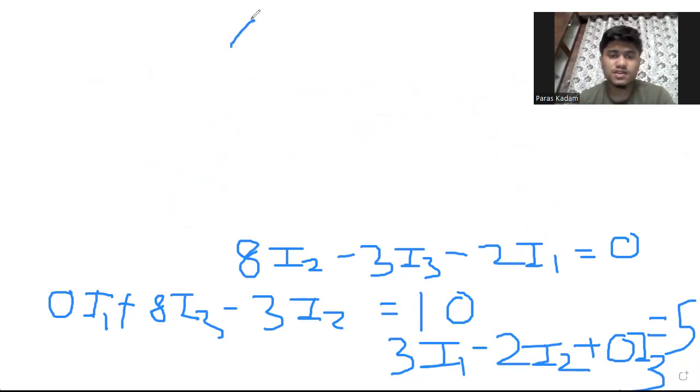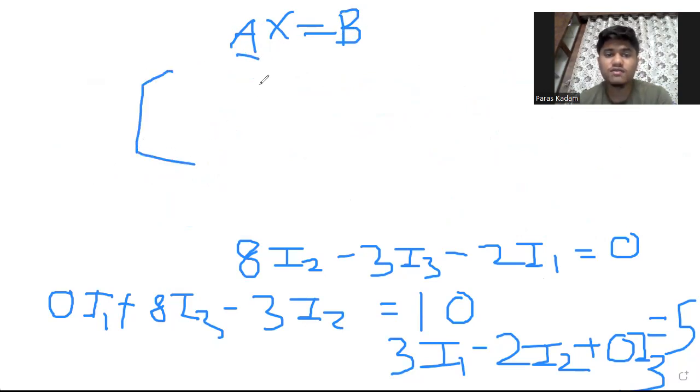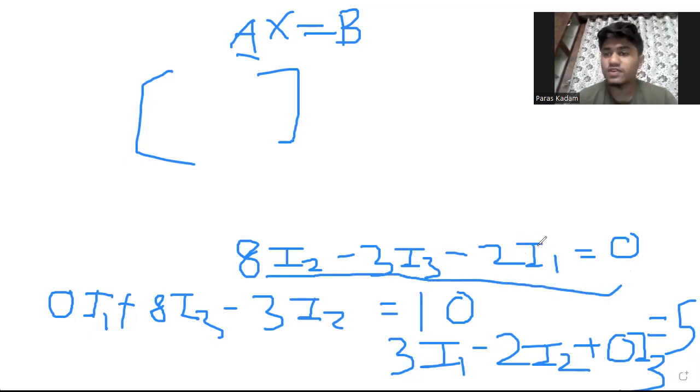So here we have to consider the equation AX equal to B. Here A will be a matrix which involves the coefficients of all these equations. I will write the equations in order: first the coefficient of I1, then I2, then I3.